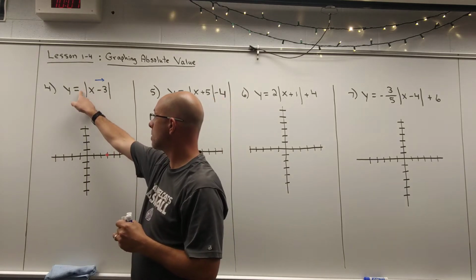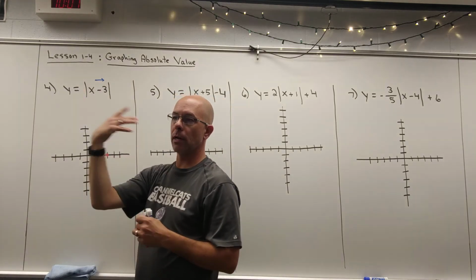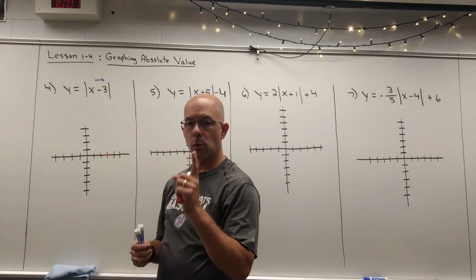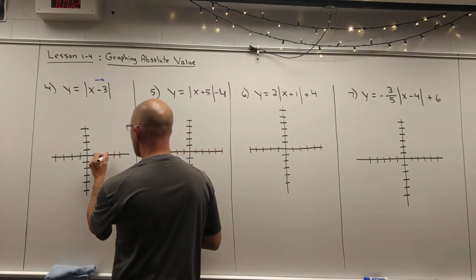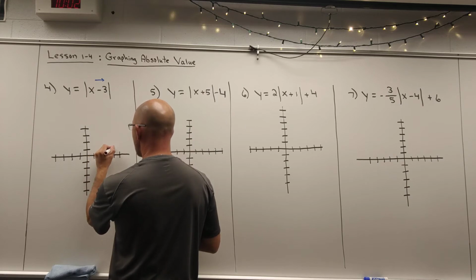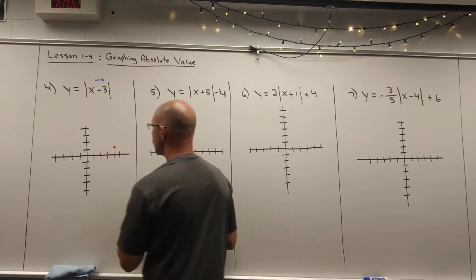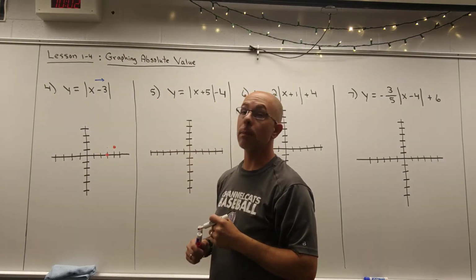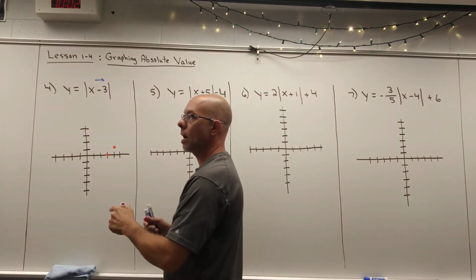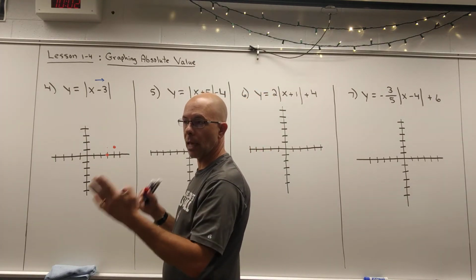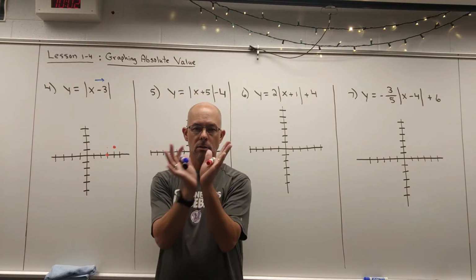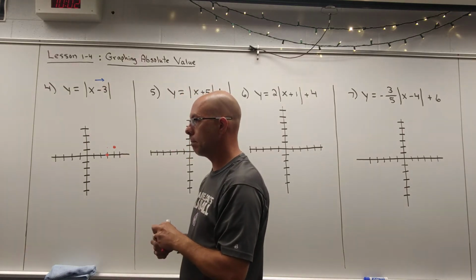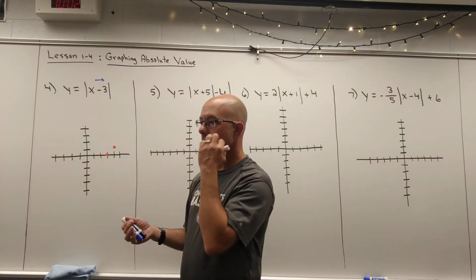Because there is not a specific number out in front, we interpret it as a 1. This is a rise 1, run 1 scenario. So rise 1, run 1. And that's not it, because then that would be a straight line. You also have to start over and go rise 1, left 1. So your run always has to go left and right to form a V. That's why it's not really a slope.